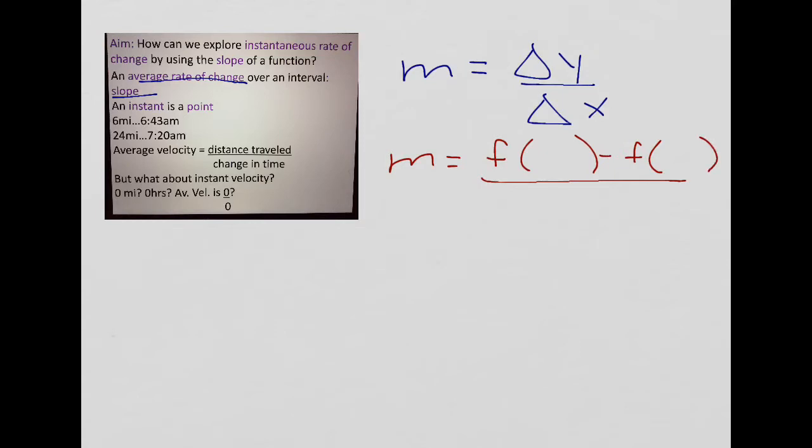And typically there's a measurement between the two values for y. And that depends on your x values. So one is going to be further away, some change of x value from the other.